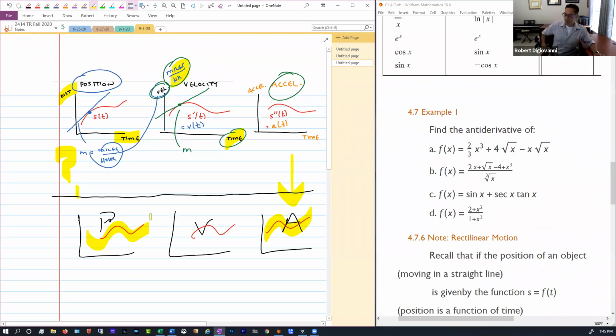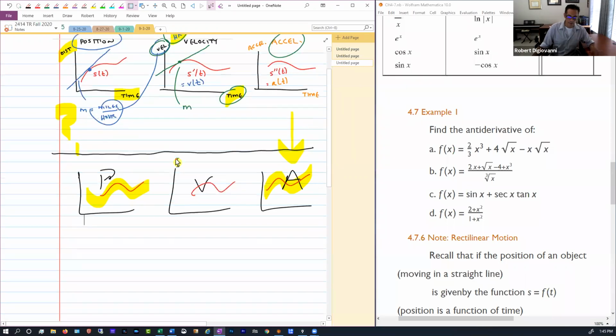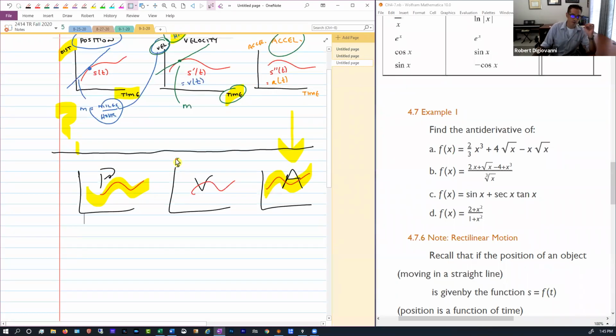So think about this, because I can remember when I was a student learning this. I can vividly remember this. I was in the car with my dad, and I had just learned this. And I said to him, man, it's amazing that if you know an object's acceleration at every point in time, you can actually figure out where it was at every point in time. I mean, that is amazing to think of.